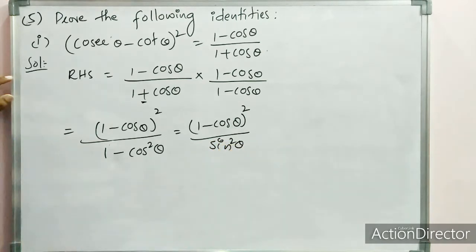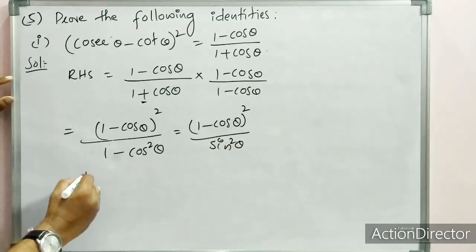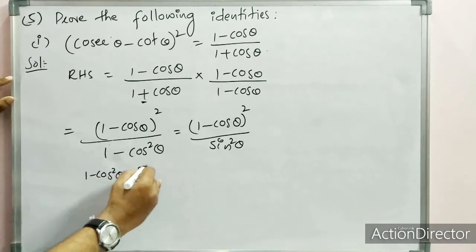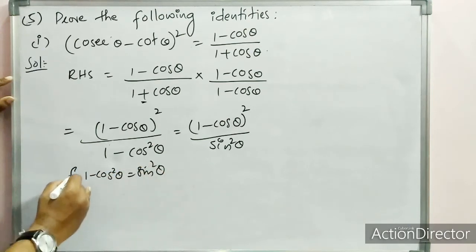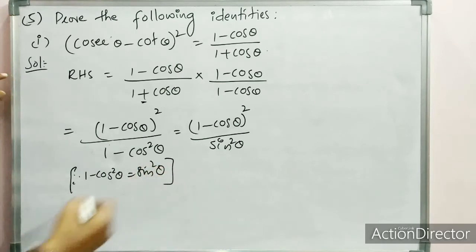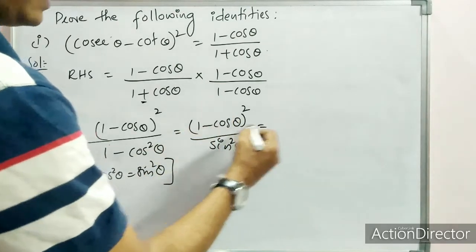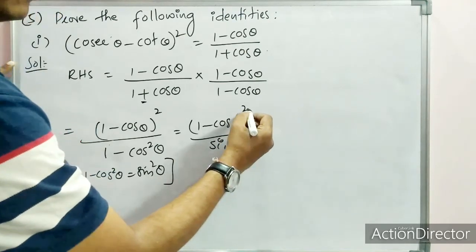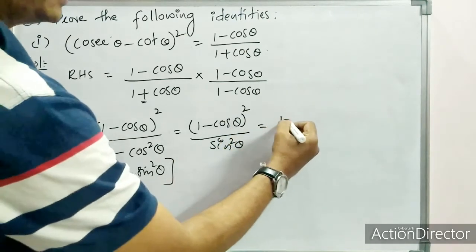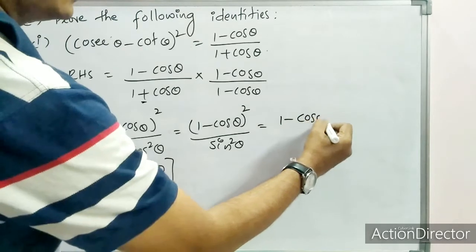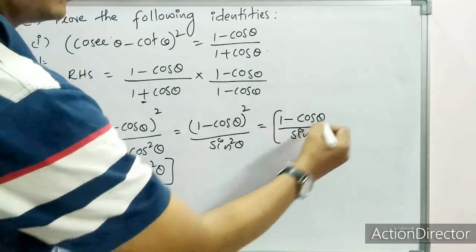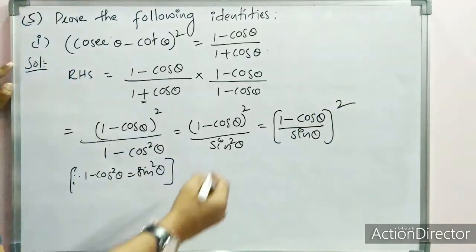So we have an identity, that is 1 minus cos square theta is equal to sin square theta. This is the principle used here. So now we have a square in the numerator and a square in the denominator. So I can write ((1 minus cos theta) by sin theta) whole square.